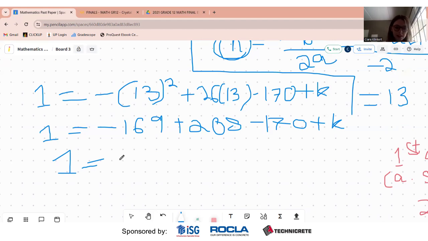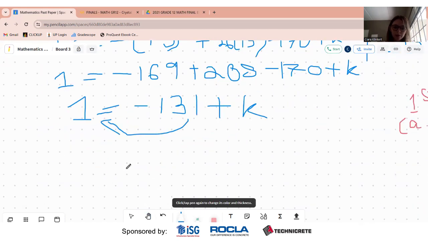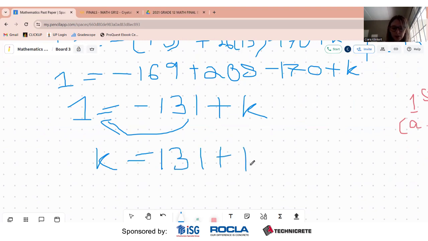I pop that in my calculator and I get minus 131 plus k. To get k alone, I take the minus 131 over and it becomes positive 131 plus 1, which is 132. Therefore, I must add 132 to every term in the sequence to get a maximum value of 1.